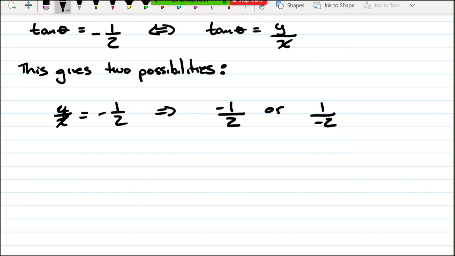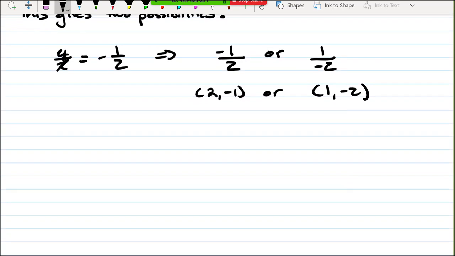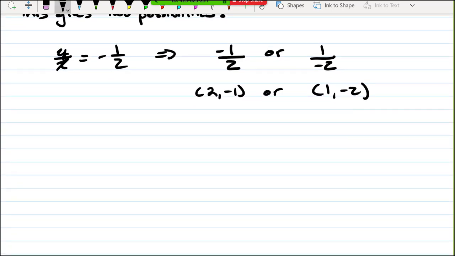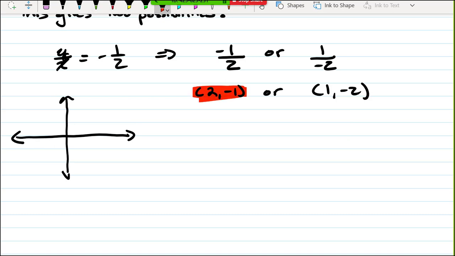That would correspond to the two ordered pairs, 2, negative 1, or the ordered pair 1, negative 2. And we notice then, if we were to draw a picture, 2, negative 1 is down here in quadrant 4, and 1, negative 2 is back here in quadrant 2.